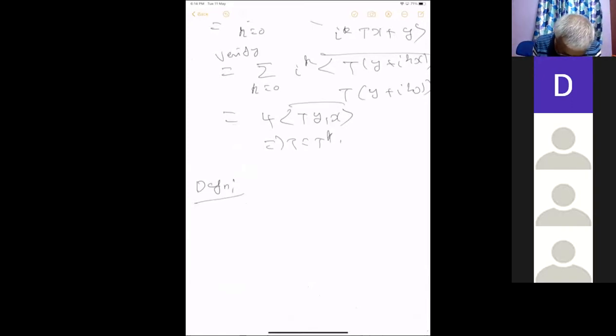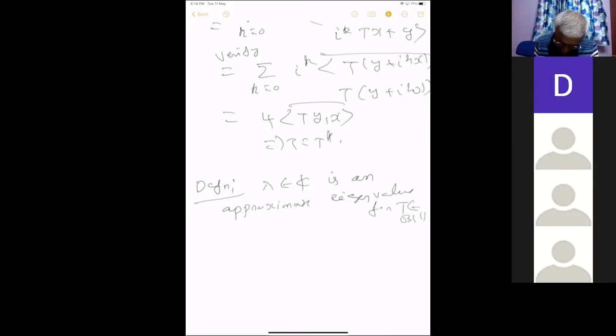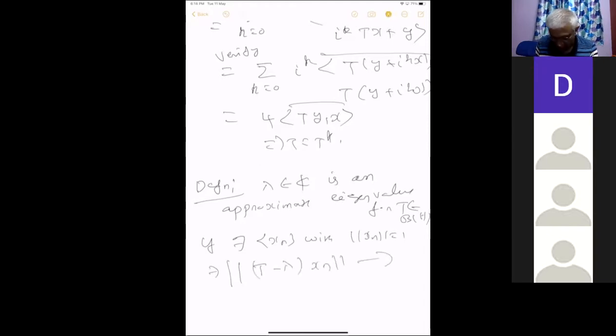So a lambda in C is an approximate eigenvalue for T on H if there exist x_n with norm x_n equal to 1 such that norm (T minus lambda) x_n goes to 0. So it is just this limit is there.